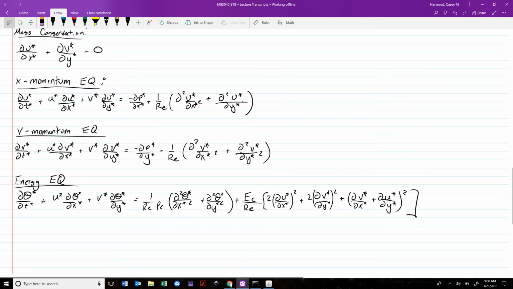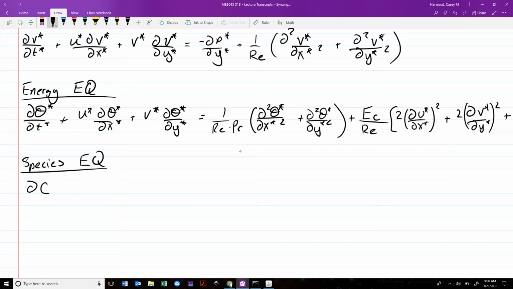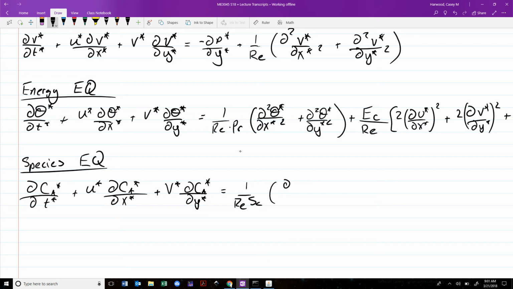And one more governing equation, which is our species equation, for the sake of completeness. dCA star dt star plus u star dCA star dx star plus ... equals one over the Reynolds number times the Schmidt number, times d squared CA star.